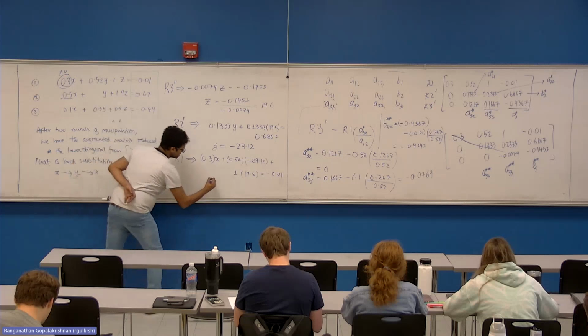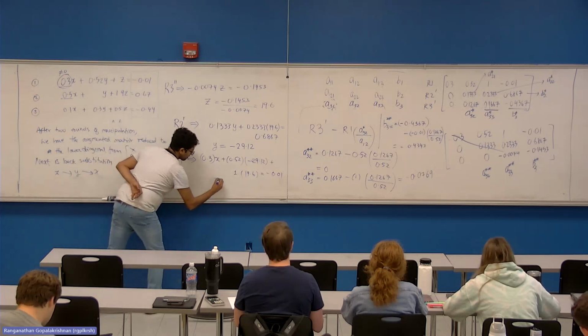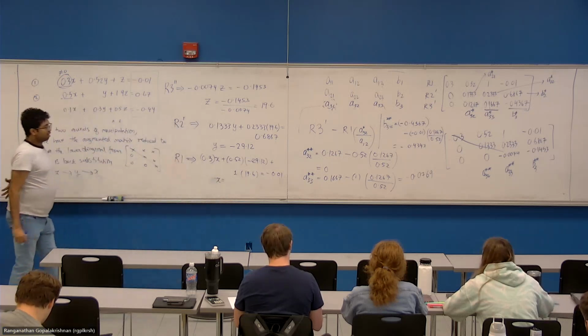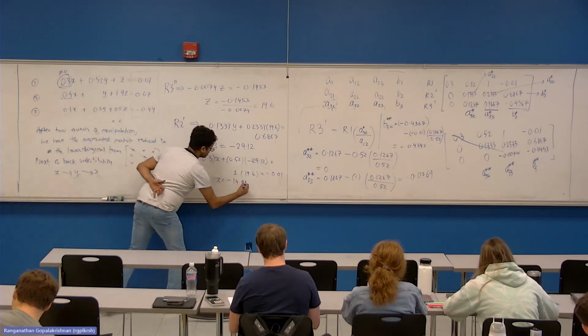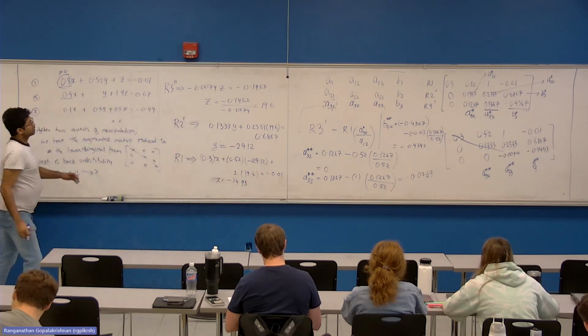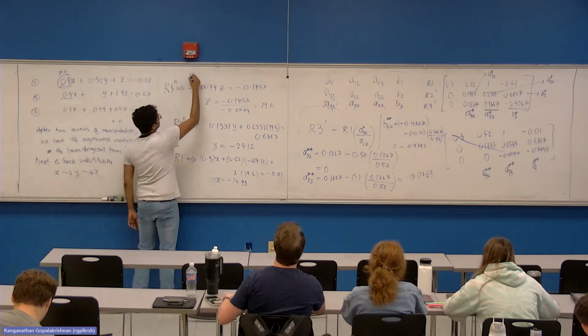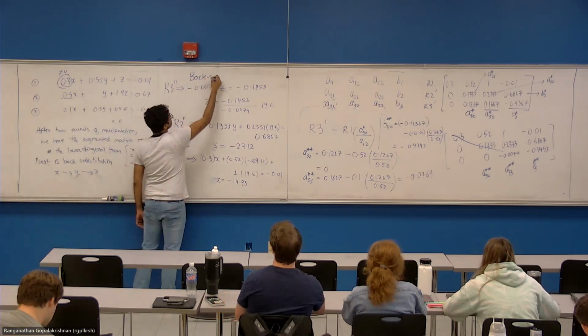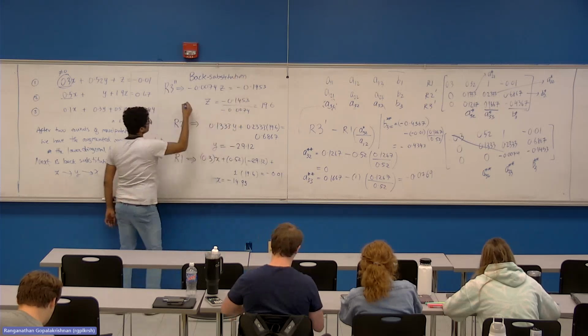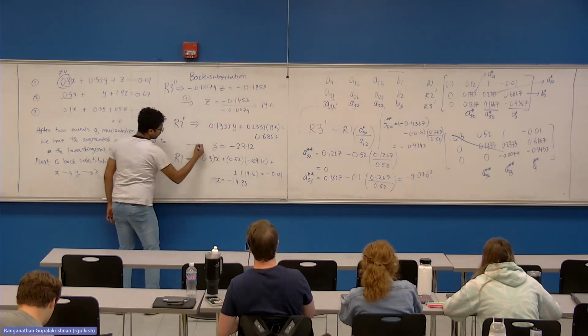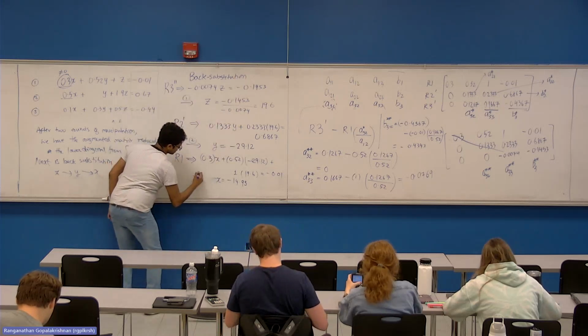If you do this, x equals negative 14.93. So this is the back substitution step altogether. The sequence is get z, then get y, finally get x.